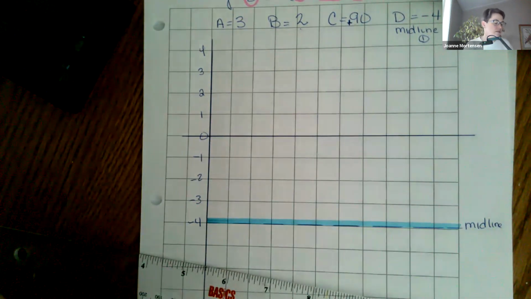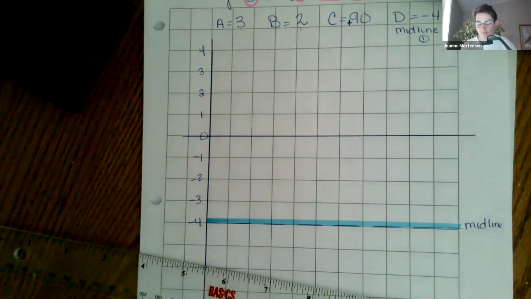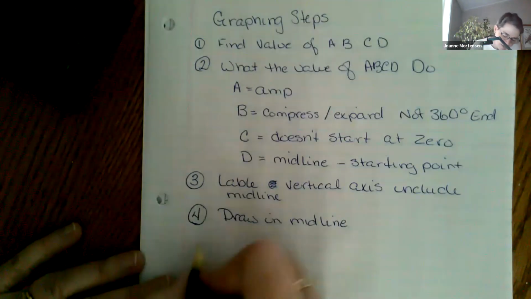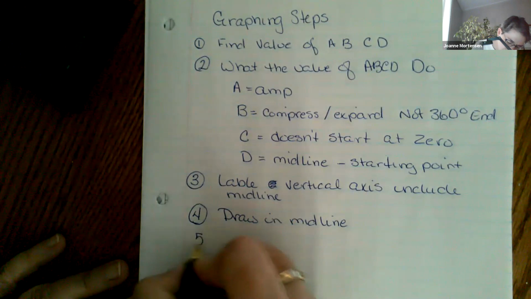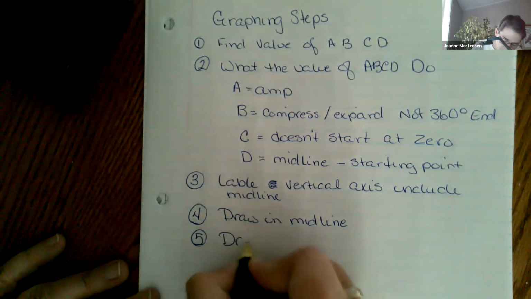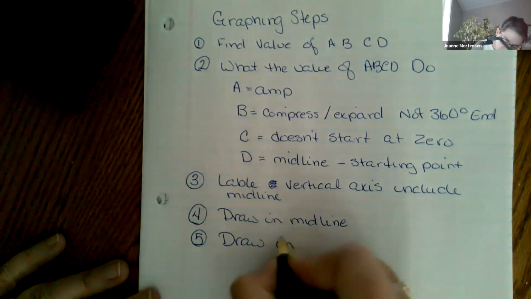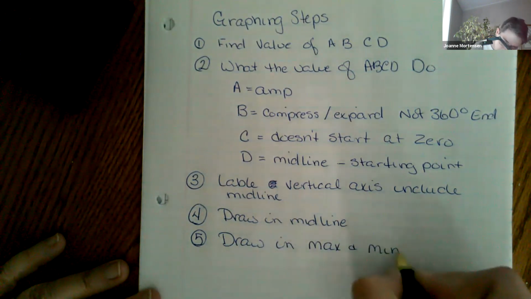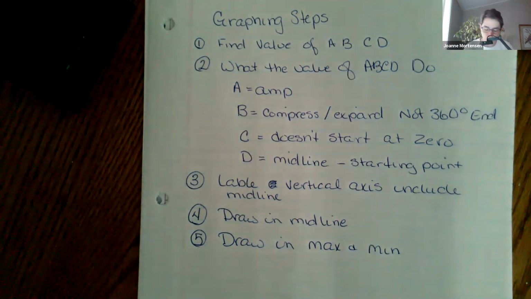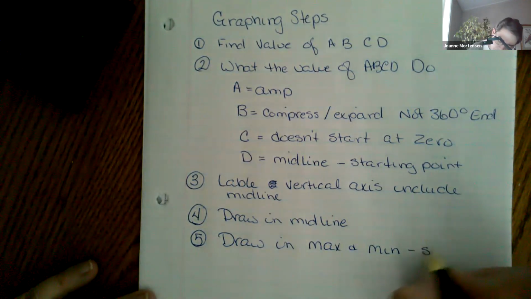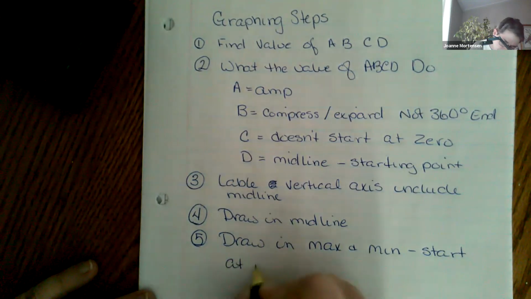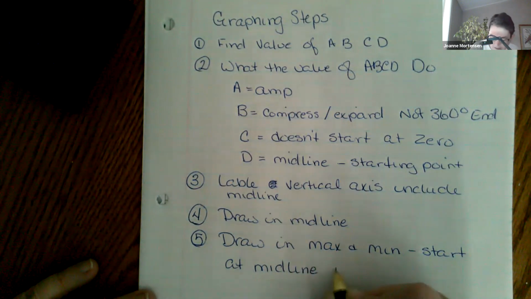Okay, so we got our midline. Now we're going to draw in our maximum and minimum. So what you do is you start at the midline and count.